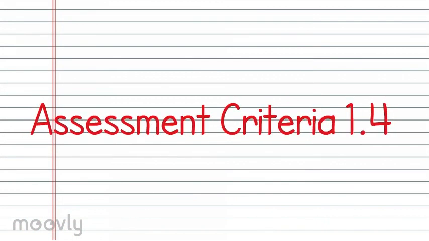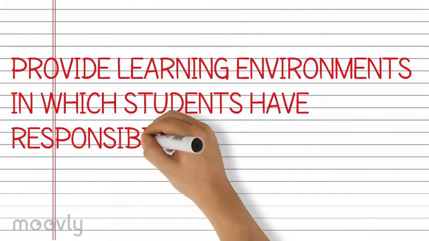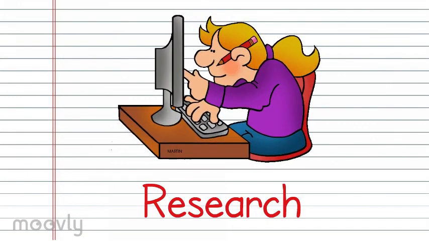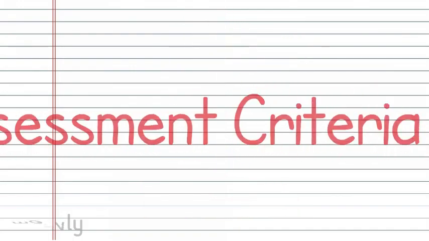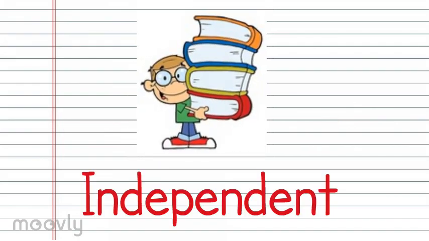Assessment criteria 1.4 is to provide learning environments in which students have responsibility for their own learning. As part of student activities, students had to conduct their own research. This corresponds to assessment criteria 1.4, in which students had to be independent in their own learning.